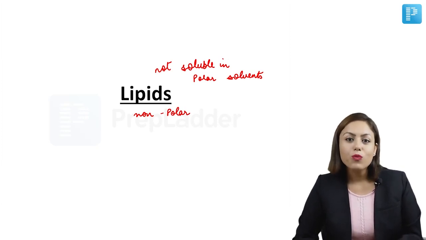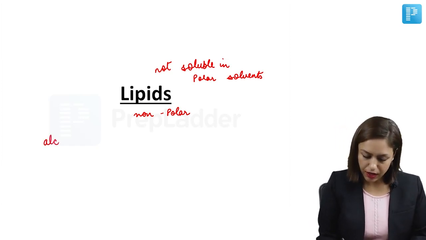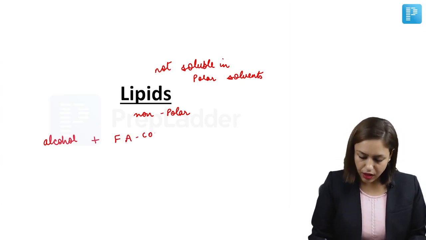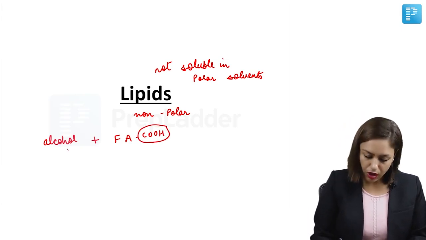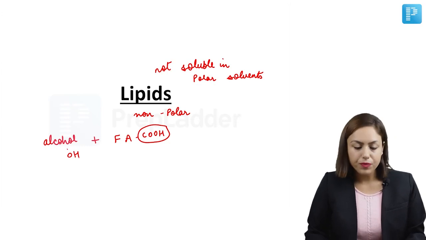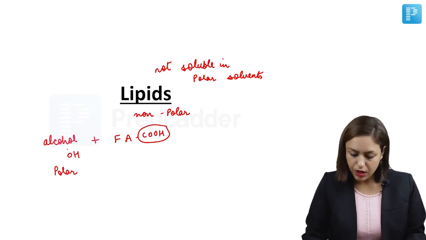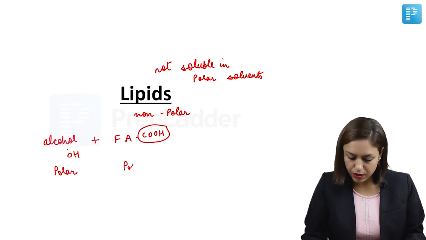Now these lipids are made up of two things, alcohol and fatty acid. Fatty acid has a carboxy group, COOH group. Okay, alcohol has an OH group, right? So because of the OH group we know that alcohol is polar. Because of the carboxy group most of the fatty acids are polar.